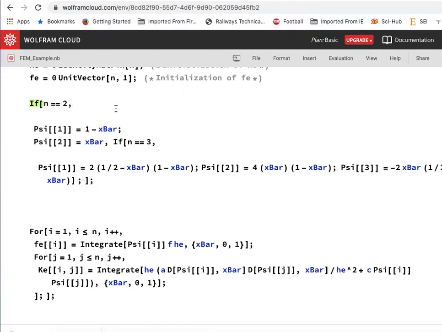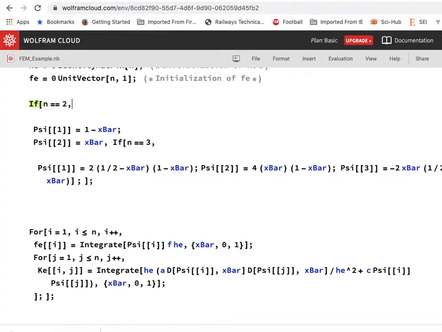It is assigning that value. It is an assignment. In MATLAB and Mathematica, when you use the equal to symbol only once, it is an assignment. On the other hand, when you use it twice, you are asking whether it is equal or not equal and so on.